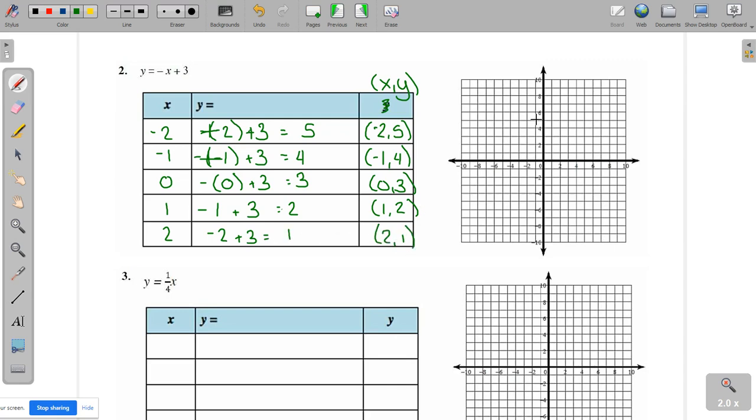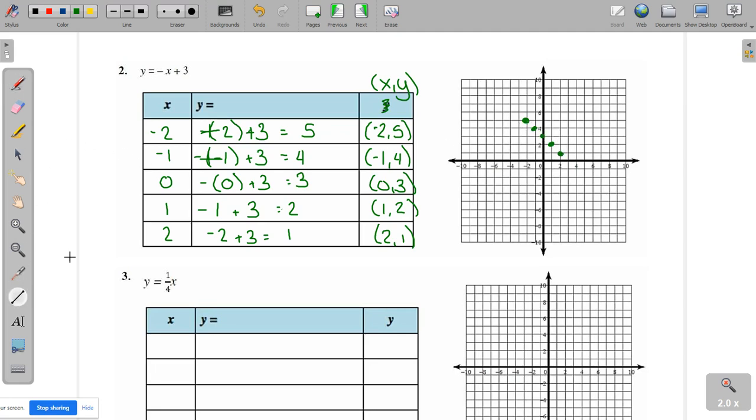Now let's graph it. -2, 5. Then we have -1, 4. 0, 3. 1, 2. And then 2, 1. So we have our 5 points.